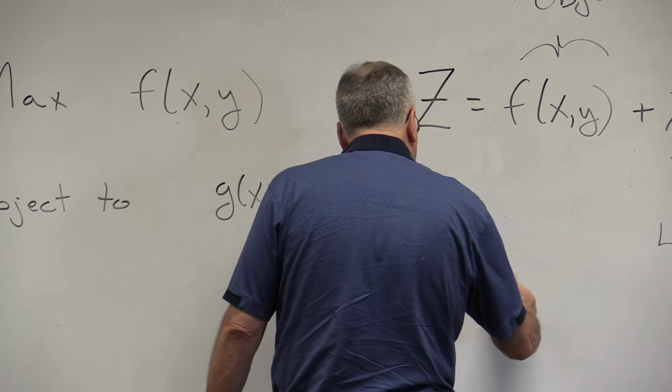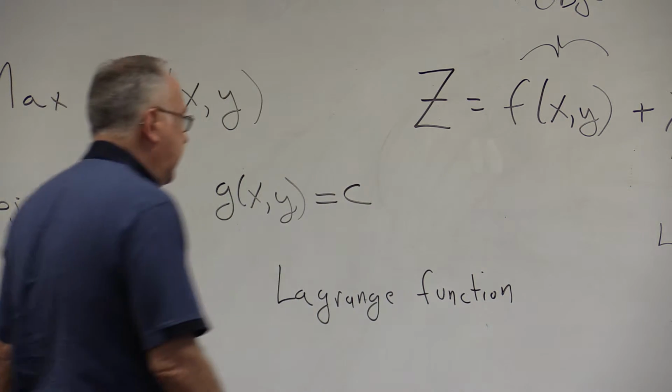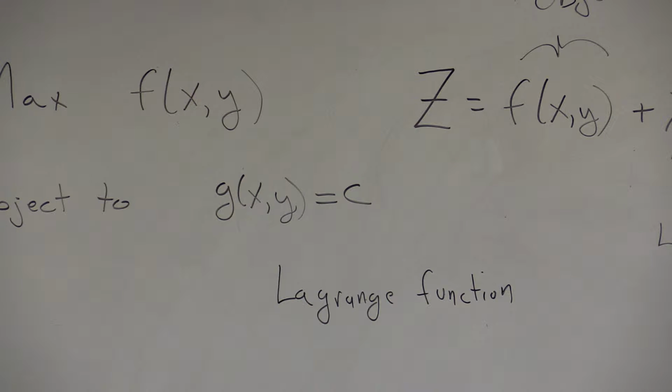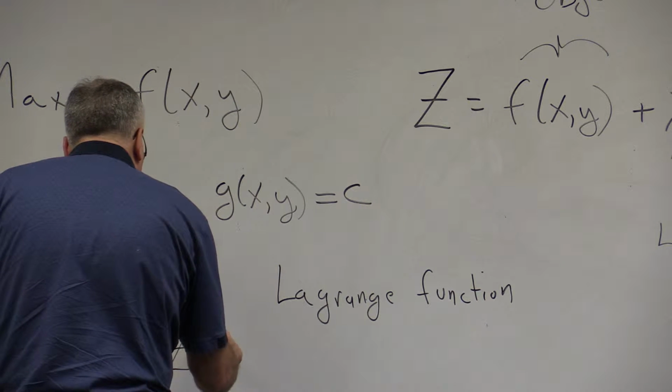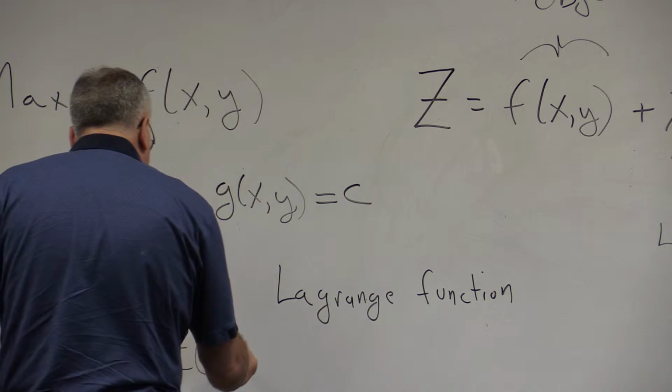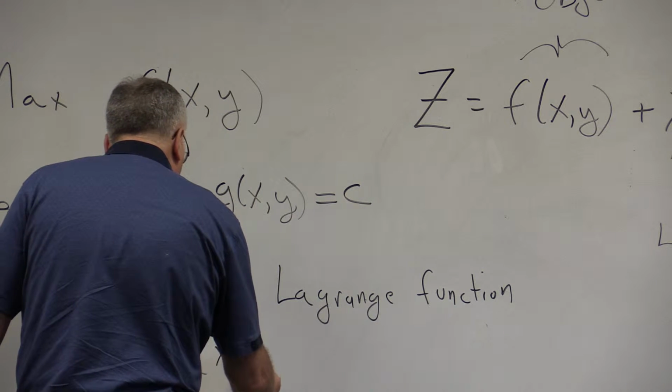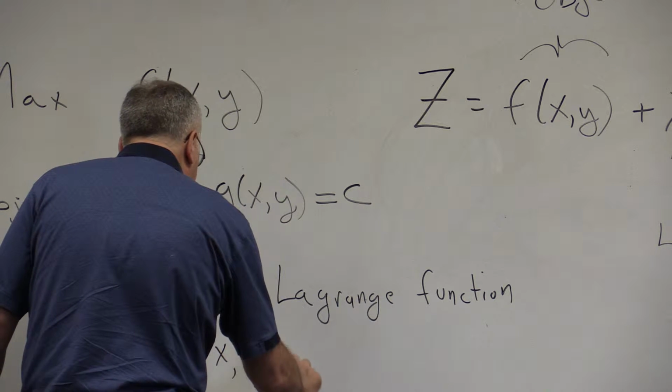And let me just emphasize this one thing. This capital Z is the Lagrange function composed of the objective function plus lambda times C minus G. This Lagrange function, this capital Z, is a function of three variables, x, y, and lambda.